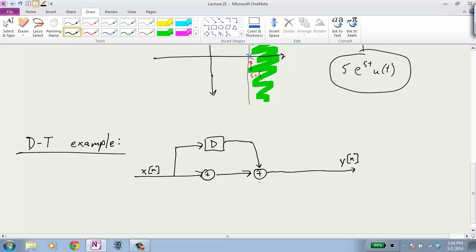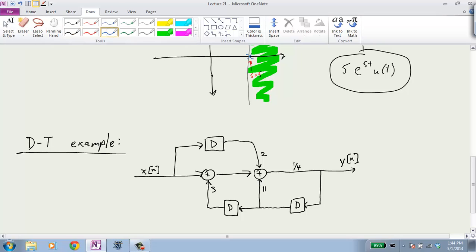Just a minute as I draw this. An 11 there, a 3 there, 2 here, and we'll put a 1/4 here. Okay, so here is a different block diagram.